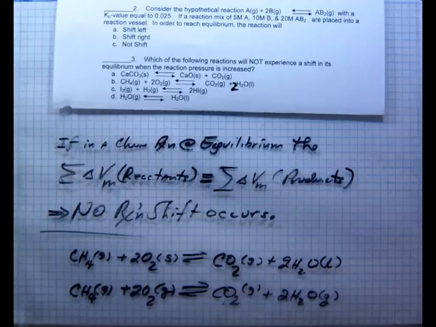That doesn't apply to the equal volumes, no shifts. So in this case, an increase in pressure shifts it to the low side. Decrease, back to the left, to the high side. Check mark that.